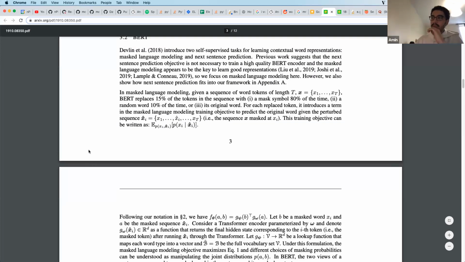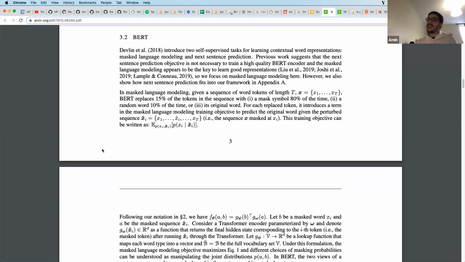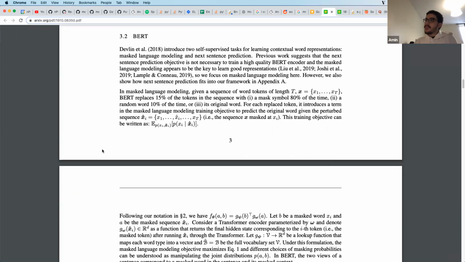Let's see how the masked language model objective fits in this framework. How it works, as we've discussed before, is given a sentence, you want to replace 15% of the tokens by either a mask token 80% of the time, another random word in your corpus 10% of the time, or just the original word.